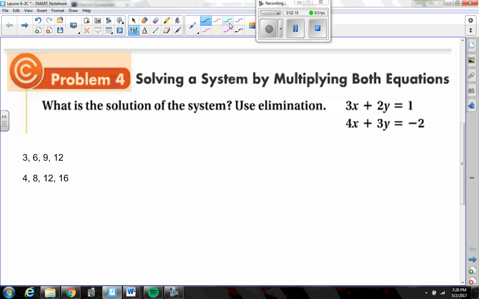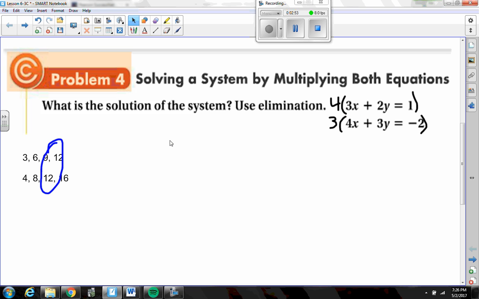And we should see in this set of multiples that 12 is the first multiple where these two numbers intersect. So what I need to do is multiply the top equation here by 4, because that will turn that x number into a 12. 4 times 3 is 12. Then I'm going to multiply the bottom equation by 3, because that is going to turn the bottom equation's x coefficient into a 12 as well.